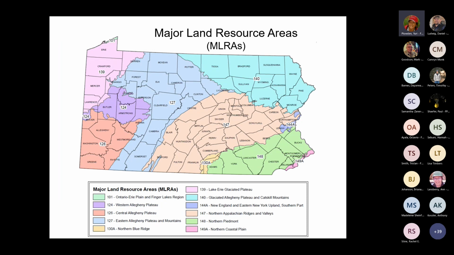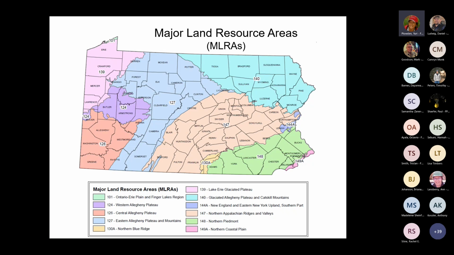Oh, here we go. So here are the Major Land Resource Areas. In Pennsylvania, we have 11 that touch us. And as you might remember from my Tuesday presentation on the physiographic provinces of Pennsylvania, the MLRA regions basically mirror those. My favorite MLRA is 147. That's the one in the middle, the tannish color.